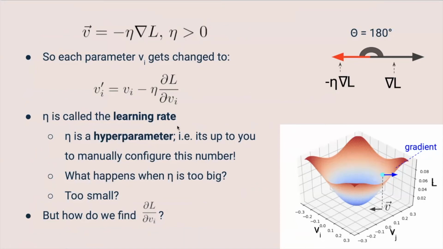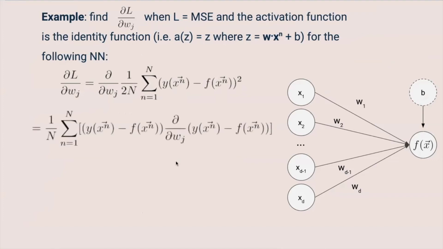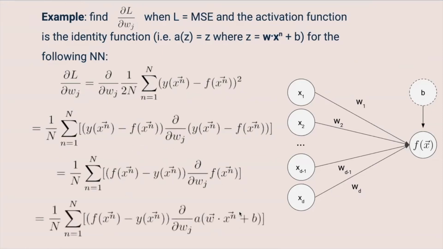And so at this point, we just need to find somehow this partial derivative. Here we just have an example, right? We're still using mean squared error, which is right here, and we want to take the partial derivative of this with respect to some parameter. I'm going to bust through this, but basically you would just apply the chain rule from calculus, and you can go over these steps on your own time.